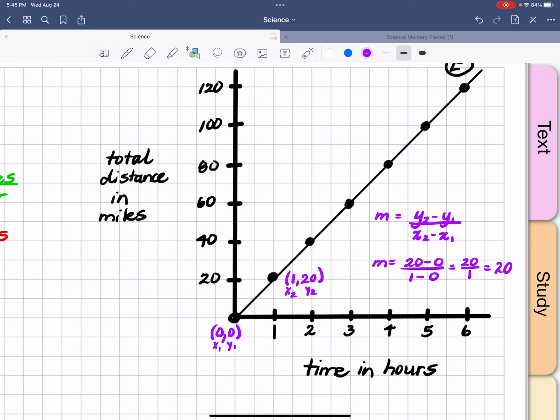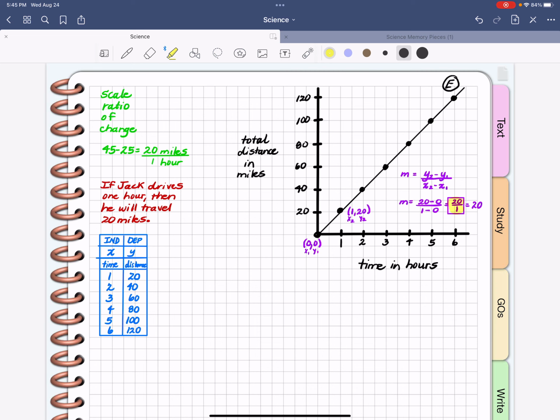You're going to love me right here. This fraction right there, the slope, is the same thing as this fraction, the scale ratio. As long as the denominator is a 1 on that scale ratio, that is your slope. Miles to hours, miles to hours. That is another way you can think about slope. So you can apply that slope formula right there.